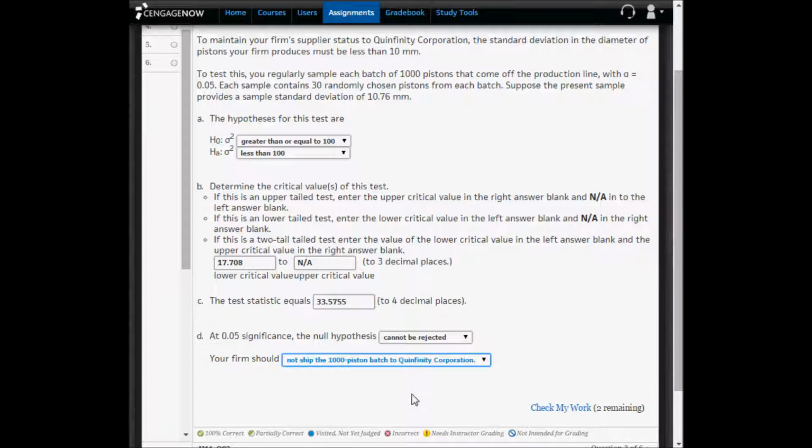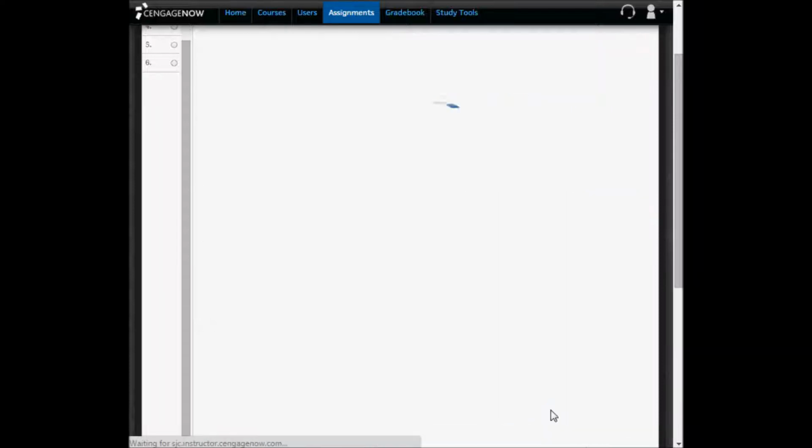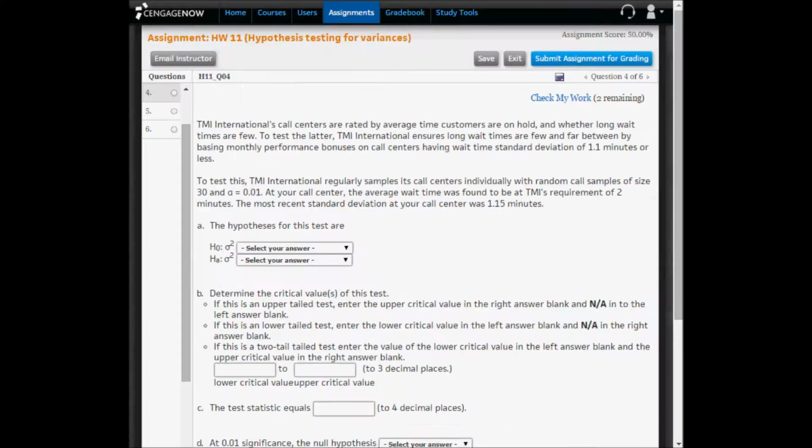If we ship the batch to Quinnifi, then we're shipping them pistons where the variance of those pistons is too great. I'm going to check my work, and we should get all the questions right. We get them all right.